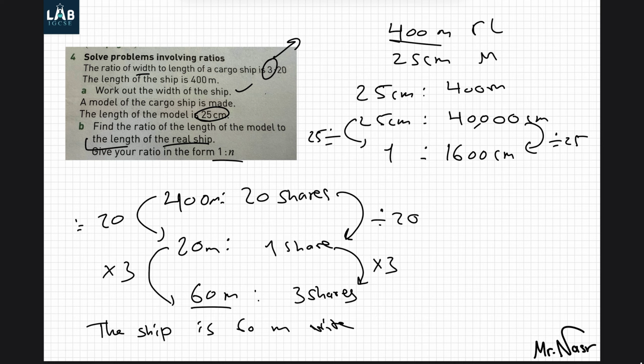For each 1 centimeter in the model, it is actually equal to 1,600 centimeters in real life, which is 16 meters in real life. So each 1 centimeter in the model is 16 meters in real life.